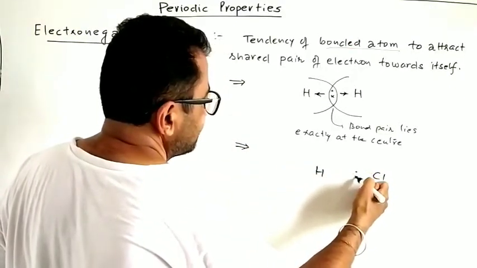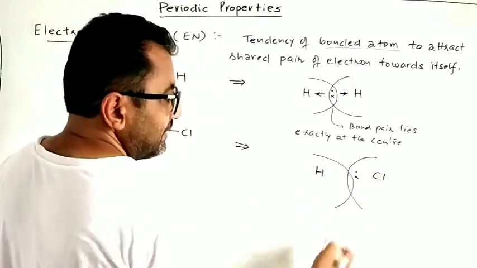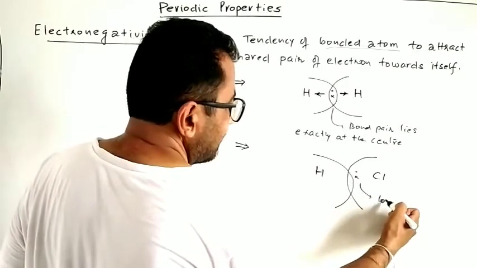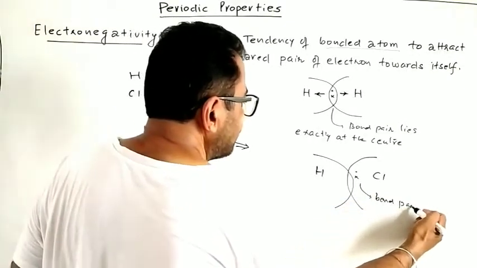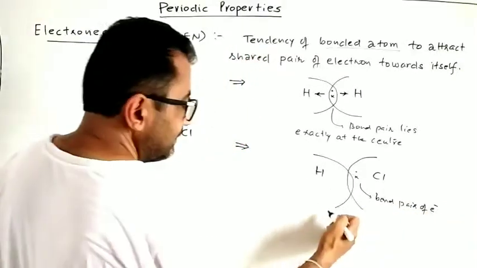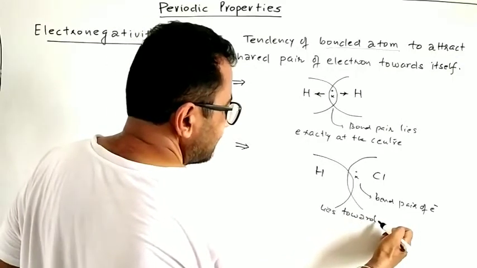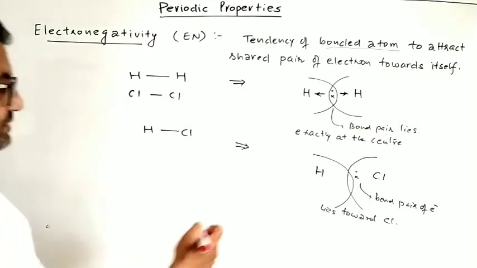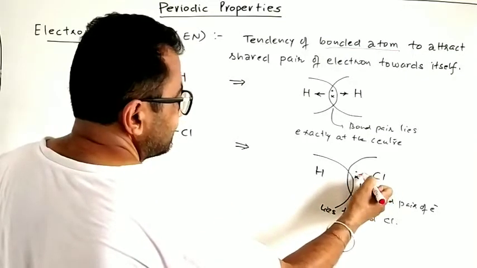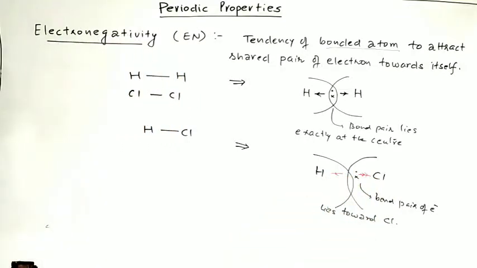It will move, so this is your center, but this bond pair of electrons lies toward chlorine. Why is it so? Because chlorine has more tendency to attract electrons as compared to hydrogen.